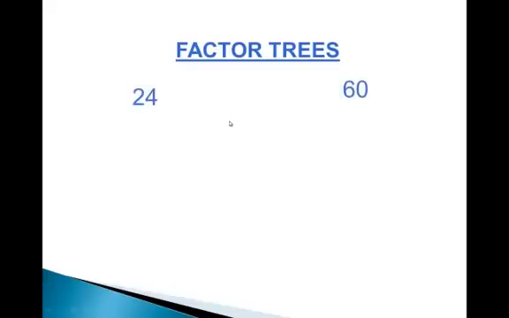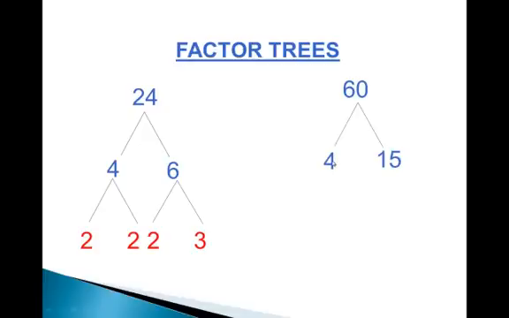Now you should have drawn something like this. So factor pairs of 24 are 4 and 6, which gives you factor pairs of 2 and 2 and 2 and 3. So the factor tree for 60 can be 4 and 15, which would give us factor pairs of 2 and 2 and 3 and 5.